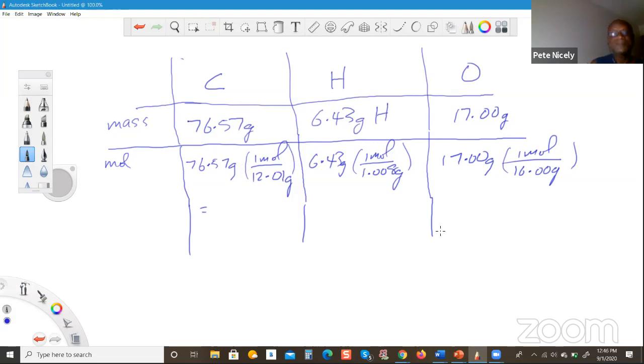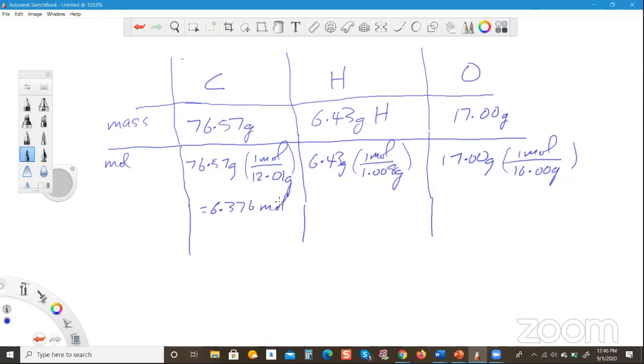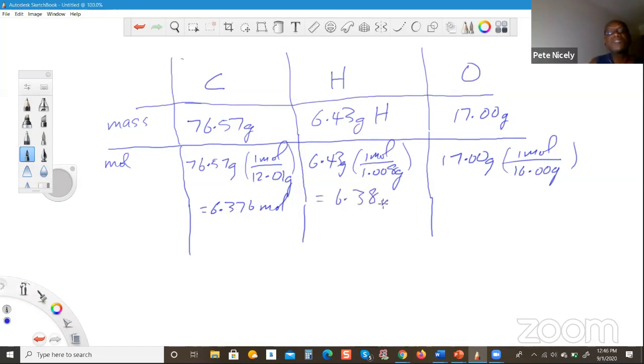So here, I'm going to put 6.376 moles. And then in the case of hydrogen, 6.43 divided by 1.008. According to my calculations, this works out to be equal to 6.38 moles.